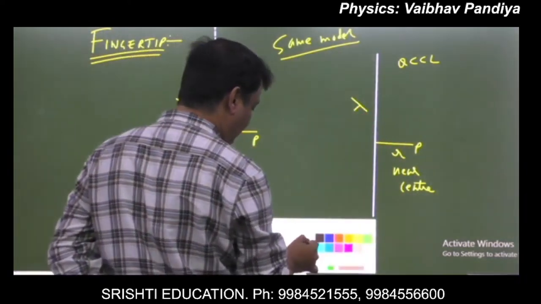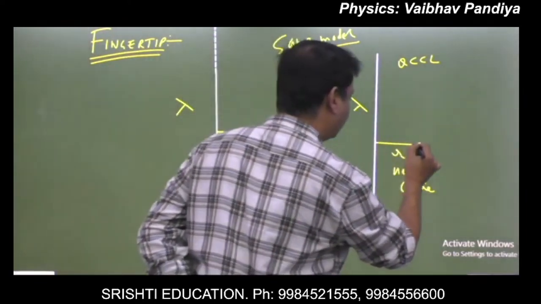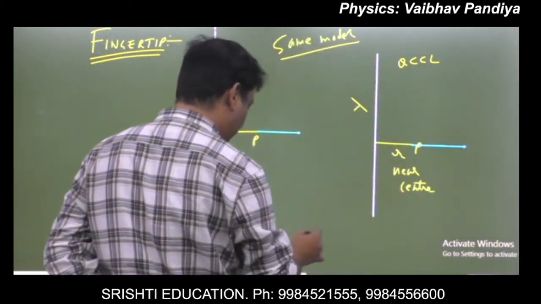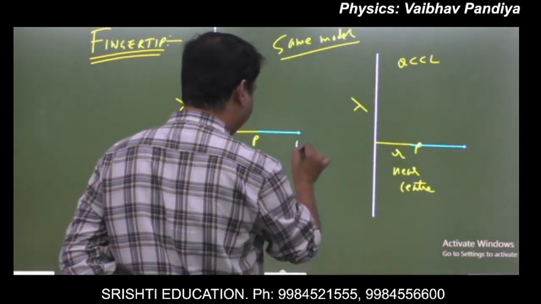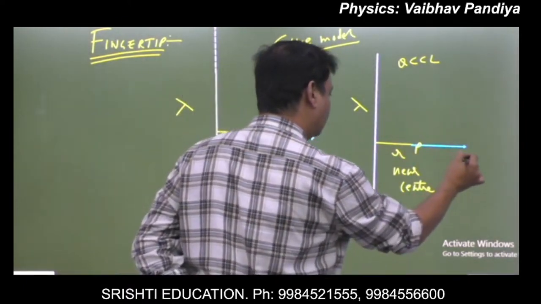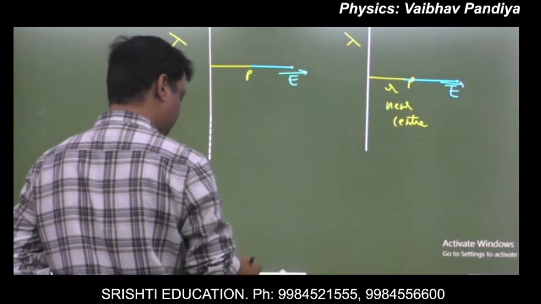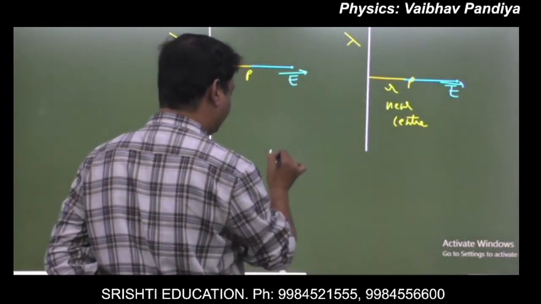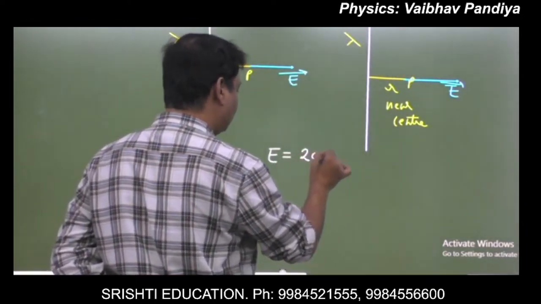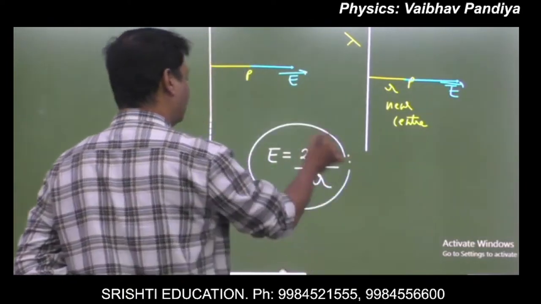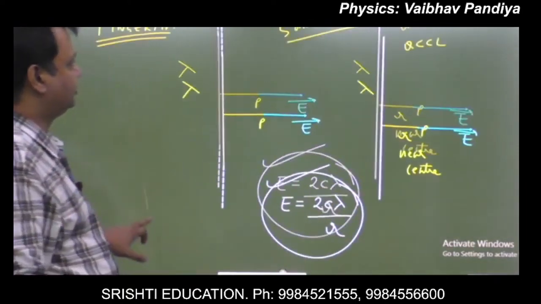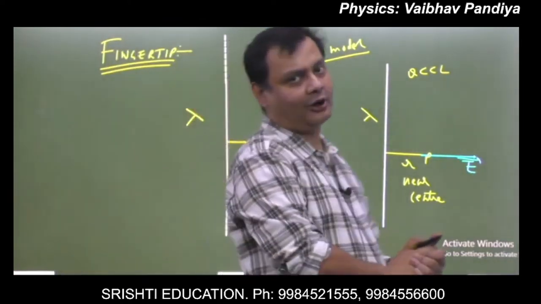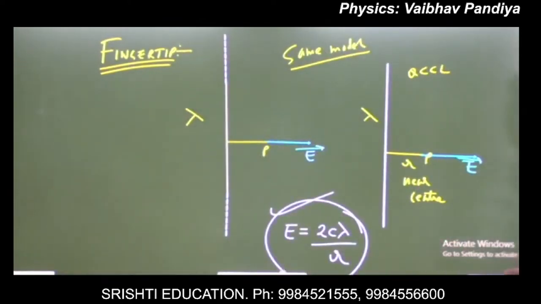So your field will be away, considering positive lambda model. Considering positive lambda model, E will be perpendicular to the rod, away, and will have a magnitude 2C lambda by R. Got it? So this is the second fingertip formula for infinite line of charge: 2C lambda by R, field is perpendicular to the rod, positive outward, negative inwards.